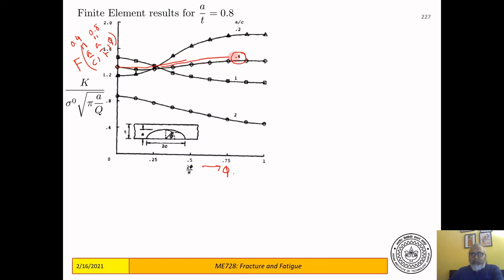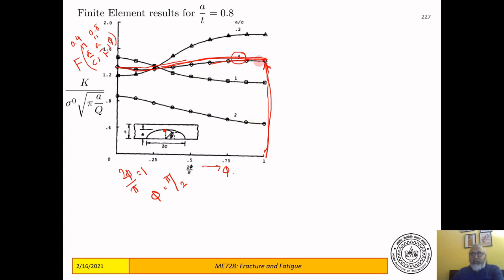This is our f, the f for our crack, and as we can see, this is maximum at phi by pi equal to 1, that is phi equal to pi by 2, which means it is maximum at this point. So for a crack with an ellipticity of C by A equal to 0.4, the maximum stress intensity factor occurs at this point.